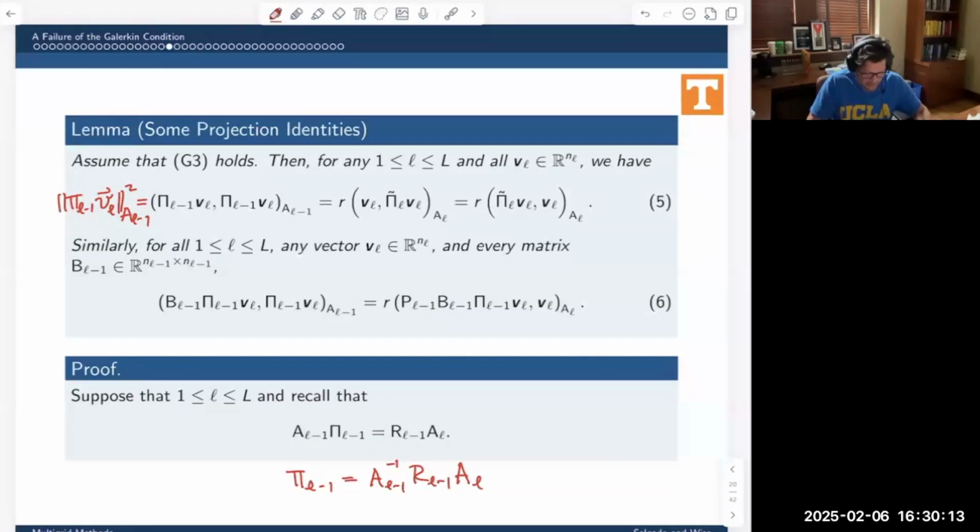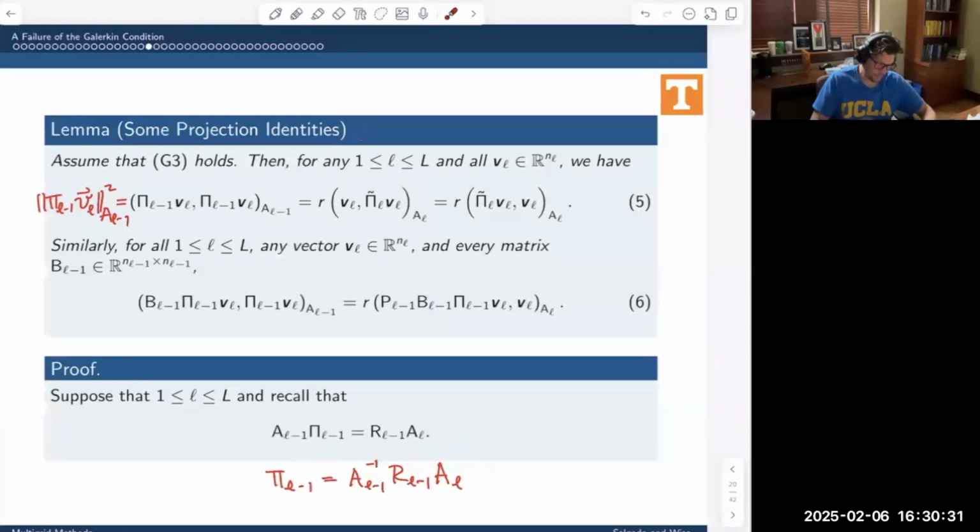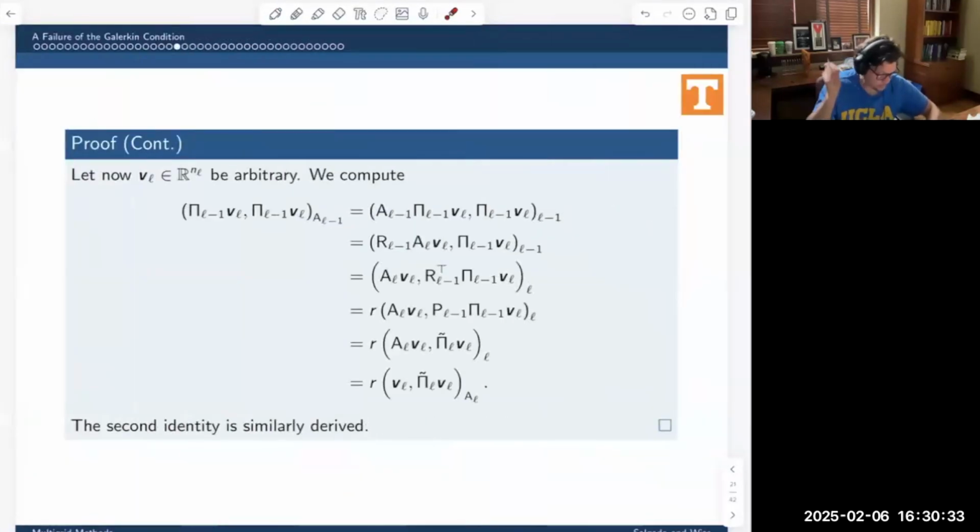We're going to leave it defined that way always. However, this matrix is symmetric positive definite, so we can multiply both sides by its inverse, which is just A_{l-1}, and so we immediately get that identity. So that's where we're starting. Okay, we recall that identity.